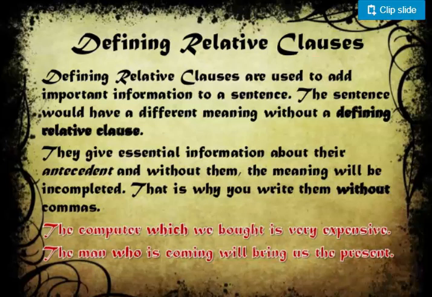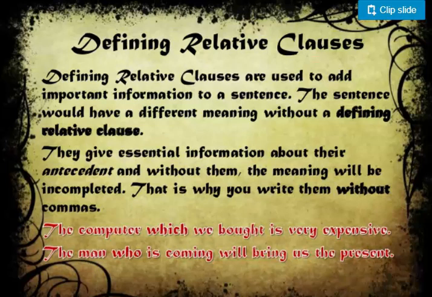The computer which we bought is very expensive. So "which" is related to the computer which is very expensive. The man who is coming will bring us the present. So "who" refers to the man. There is no comma because it is important information, and without it, it gives a different meaning. Like, "The man will bring us the present."